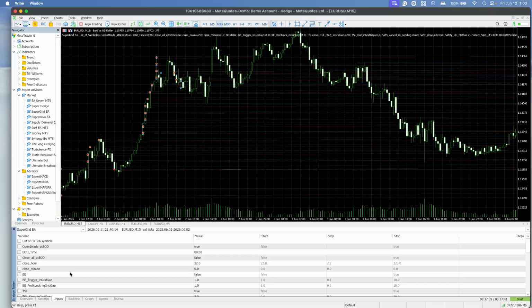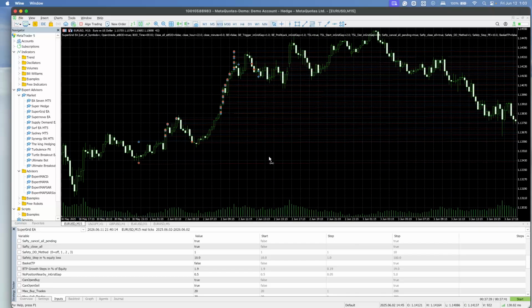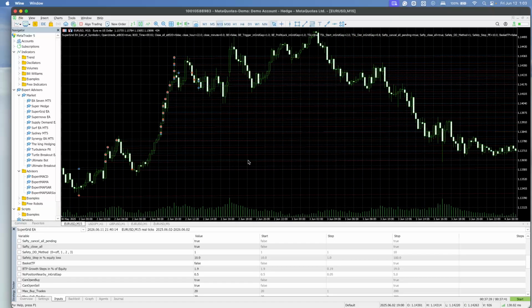We have the max trade limits, and then we also have various safety procedures like closing all on certain conditions. It also has time-based controls and spread considerations. It's positioned as a flexible, safer alternative to basic grids with built-in protections for live trading. Yeah, this is the way it's marketed.